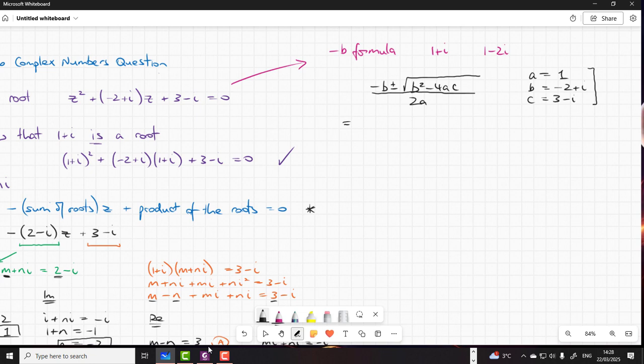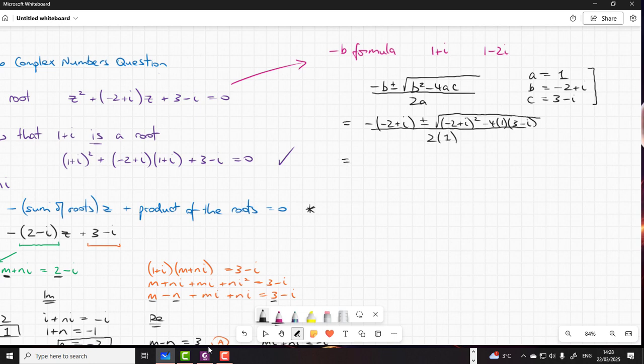So minus b, well that's going to be minus bracket minus 2 plus i. Plus or minus the square root of b, which is minus 2 plus i squared, minus 4 by a, which is 1, by c, which is 3 minus i, all over 2 times a, so 2 times 1.